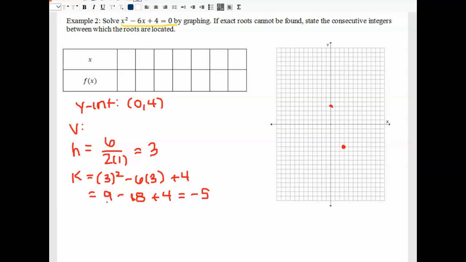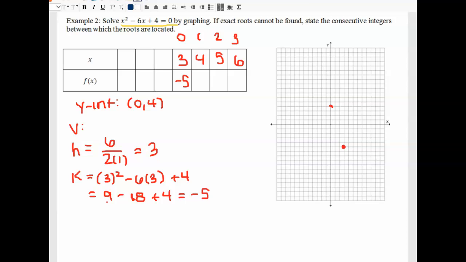So I'm going to make my table the same way I usually make it. Now this time, I'm going to put the vertex in the middle of my table. And then it's 0 plus h, which is 3, 1 plus 3, which is 4, 2 plus 3, which is 5, and 3 plus 3, which is 6.